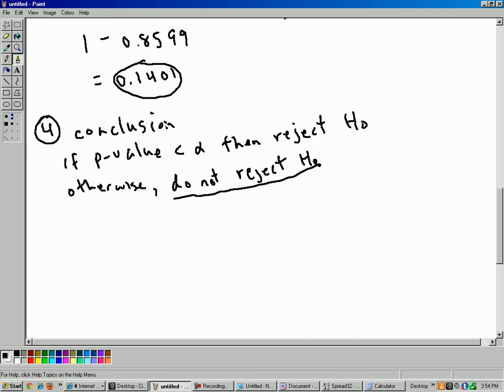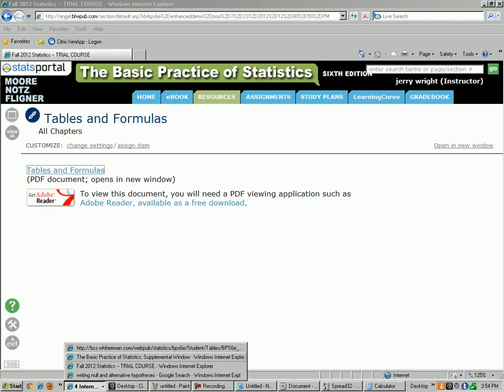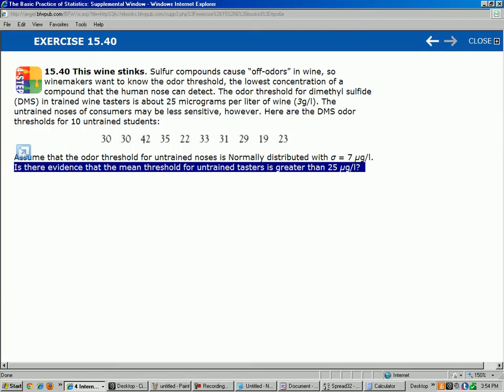So to write your conclusion in plain English, you would say something like this. There is not evidence. Let's go back to the original question here. The question was, is there evidence that the mean threshold for untrained tasters is greater than 25 micrograms per liter? Well, the answer is no. There's not evidence because the p-value was too high.